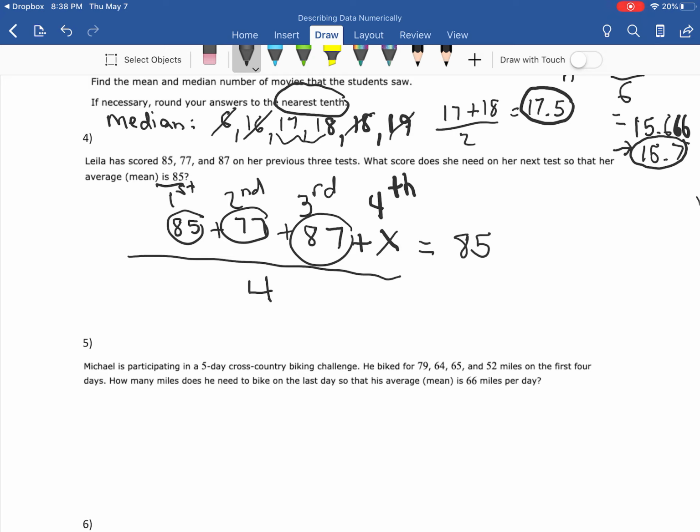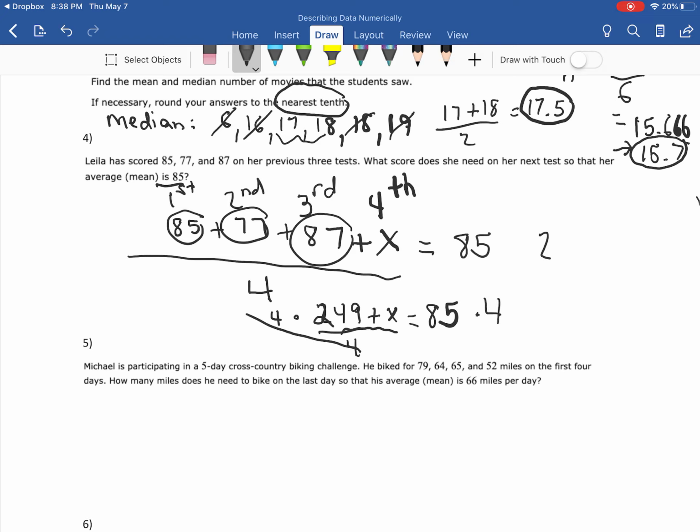That makes, let's see, 85 plus 87 plus 77 is 249. So we have 249 plus x over 4 equals 85. Okay, so we can multiply each side by 4 to clear fractions.